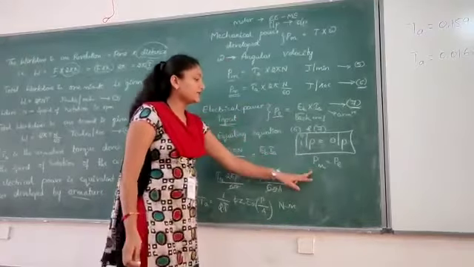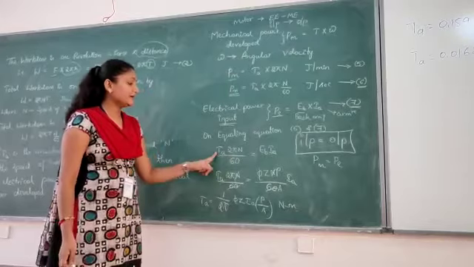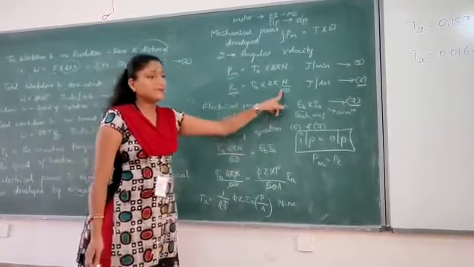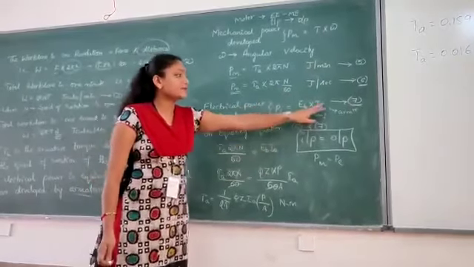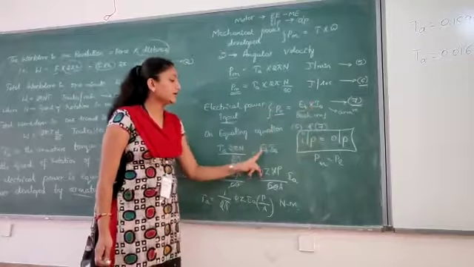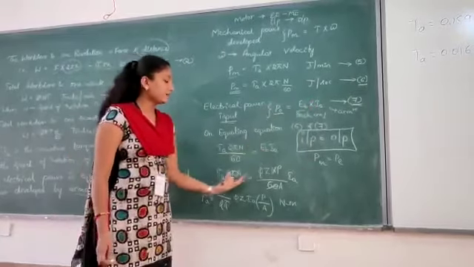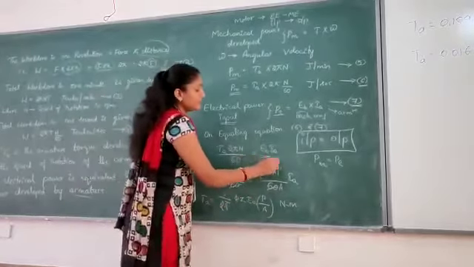Mechanical power is TA into 2 pi n by 60, equation 6, and electrical power is EB into IA, equation 7.